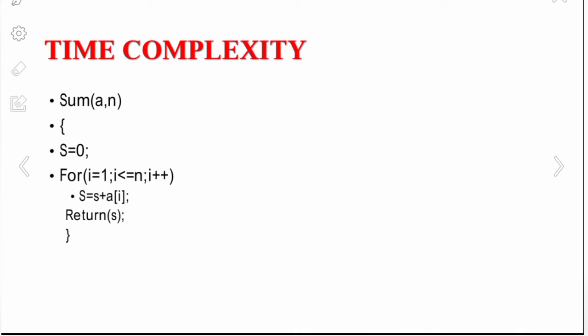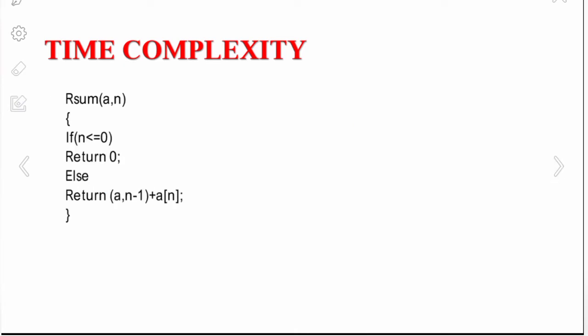Okay, next one. Here I am taking the if else condition. In the if else condition, if the given condition gets satisfied, then the particular program will execute only once. That is, it will take only a constant amount of time, that is big O of 1, for the return statement.